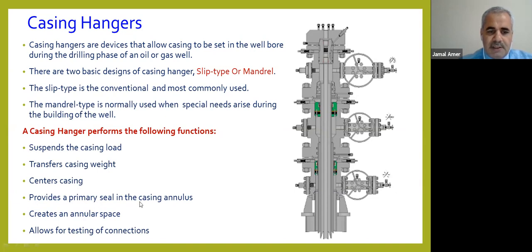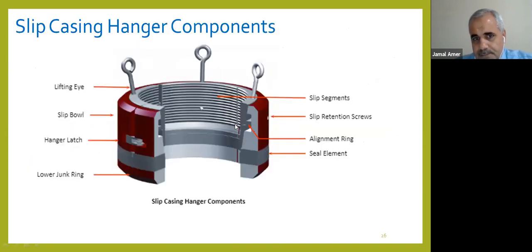This is the primary seal in the casing annulus. We see this casing hanger is holding the casing here. This is called a slip casing hanger.